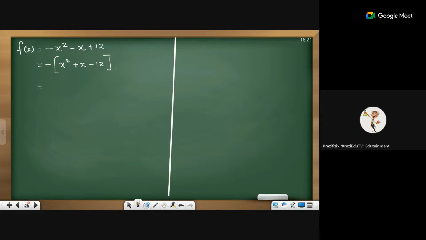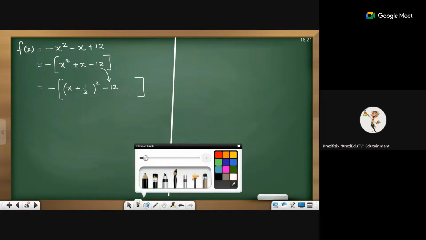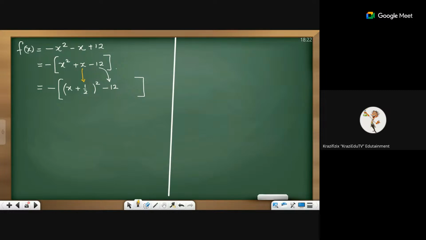Next step, create your platform. I'm going to do that platform for you, and minus 12. All right, that's my platform. This one comes out: x plus half. Where is my half coming from? I'm going to drop this by saying b over 2.